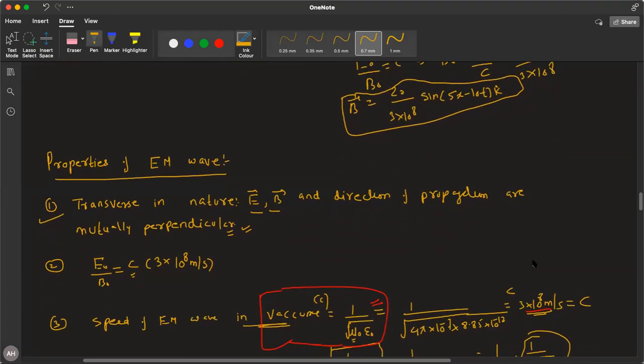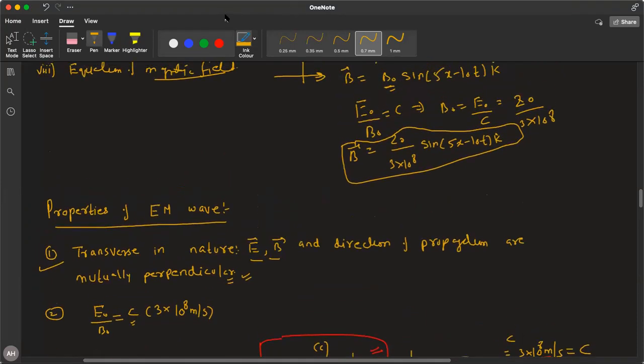See. Okay, before starting that energy, just one more expression. The speed of electromagnetic wave. In vacuum, the speed of electromagnetic wave is 1 by root over mu naught epsilon naught. Do you remember what is mu naught, Mariam? We did this mu naught in magnetics.